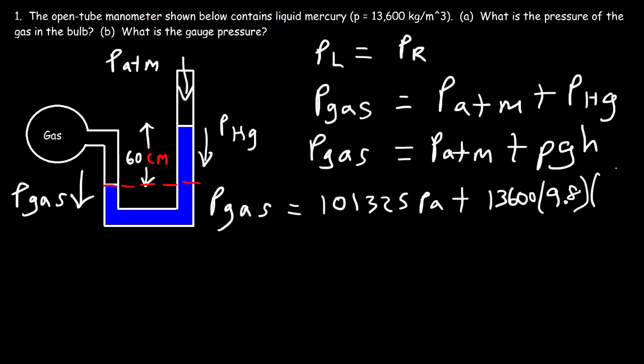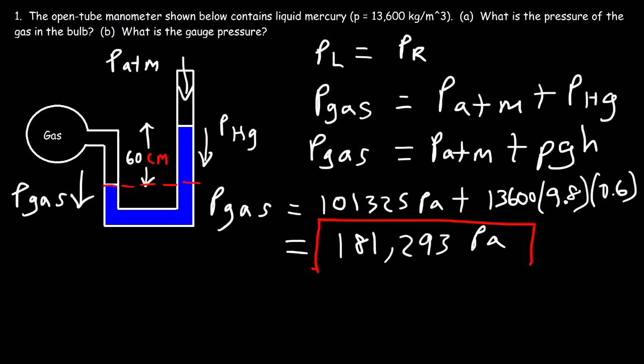So 60 divided by 100 is 0.6 meters. So if you type this whole thing in, you should get a pressure of 181,293 pascals. So that's the pressure of the gas in the bulb.